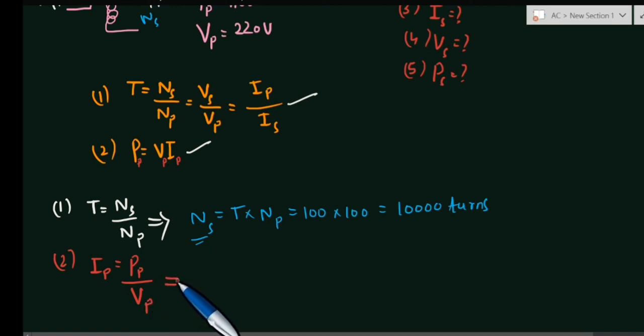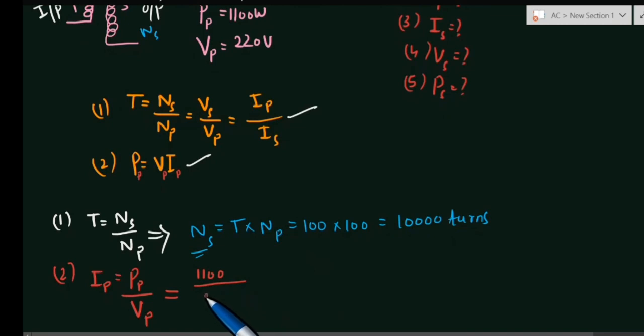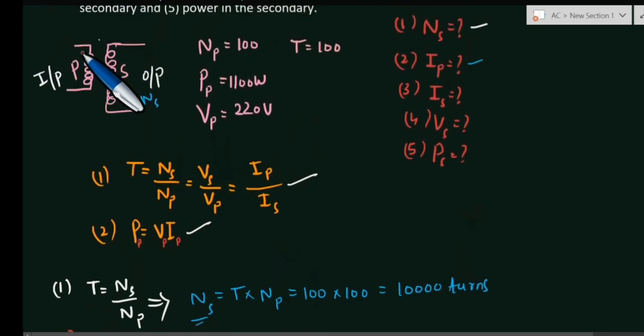If you solve this, Pp is 1100 divided by the value of Vp, that is 220. If you calculate, the value comes out to be 5 amps. So 5 amps is the current at the input side of the transformer.